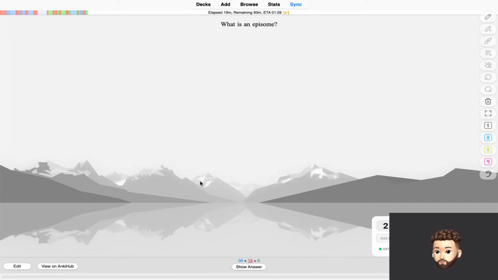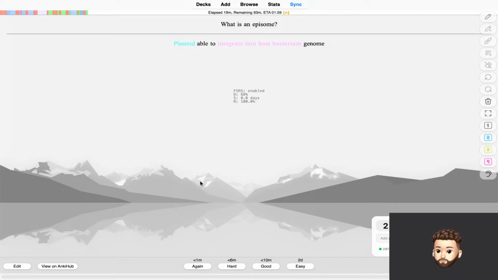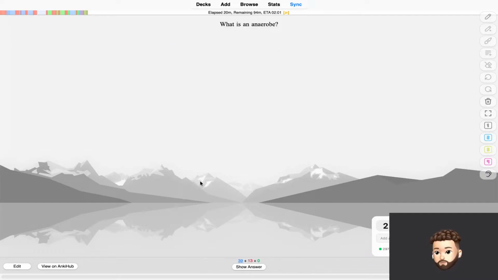What is an episome? It is a plasmid that can be integrated into the host bacteria's genome. Yeah. What is an anaerobe? It's a bacteria that doesn't use oxygen to survive.